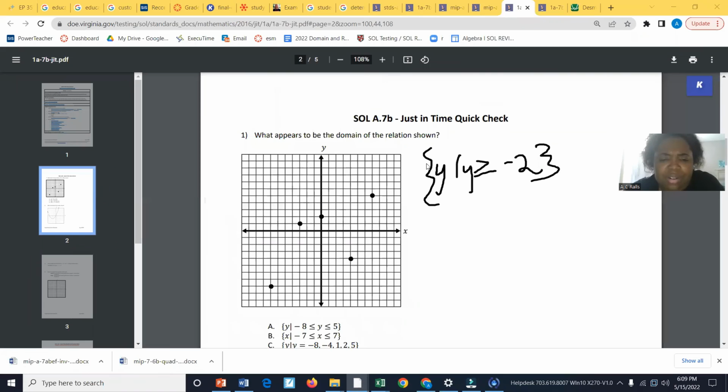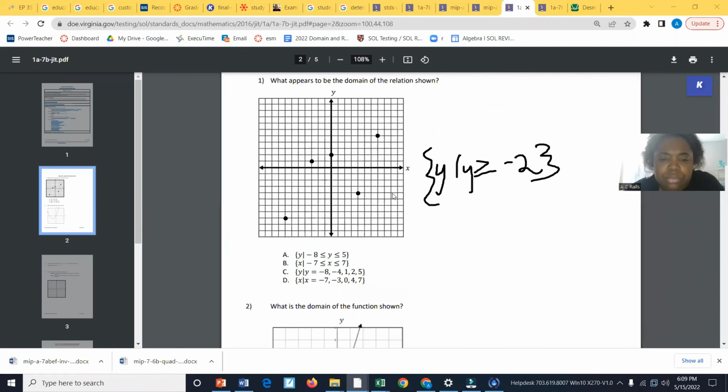Let's take a look at here. It says, what appears to be the domain of the relation shown? The domain deals with x, so we can automatically cancel out A and C. Now, it could be a little confusing because it says B, -7 to 7.